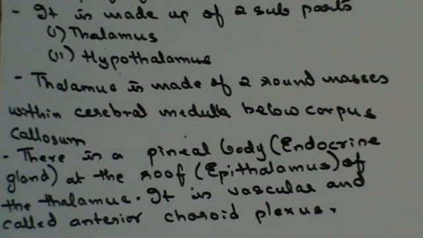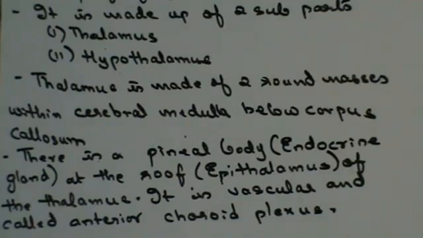Now, the diencephalon has a ventricle. Remember when we said the cerebrum has two ventricles, the first ventricle and the second ventricle. The cerebrum has two cavities which were called paracoels, and these were also called ventricles. The third ventricle, the third cavity, is in the diencephalon.